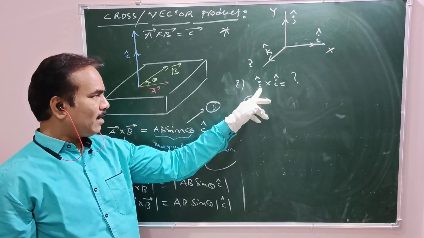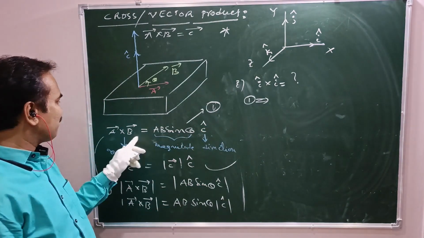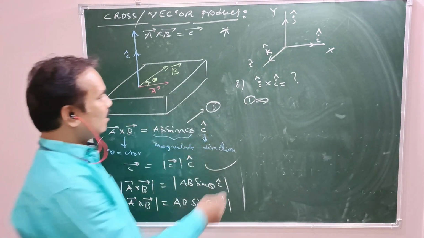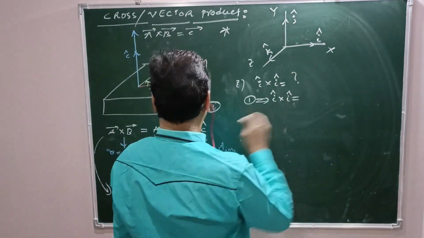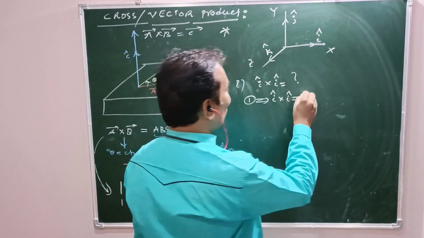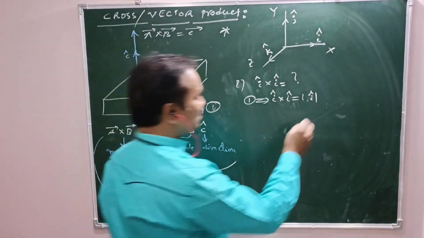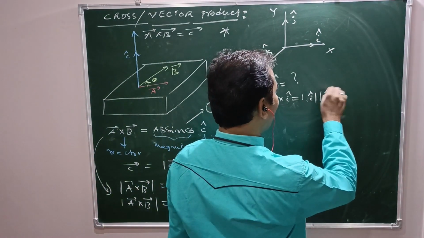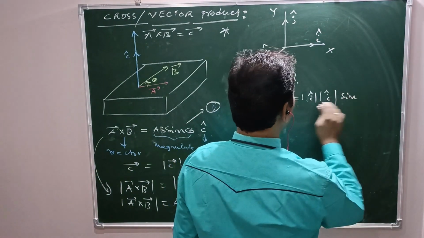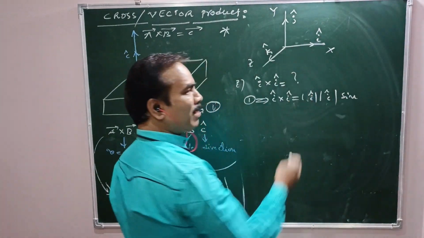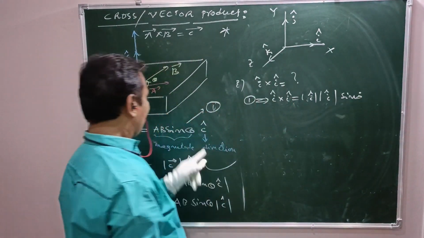So I cross I equals mod I cap, mod I cap again, into sin theta. Sin theta means, what is the angle between I and I? I is parallel to itself, so theta is 0, sin 0 into C cap.